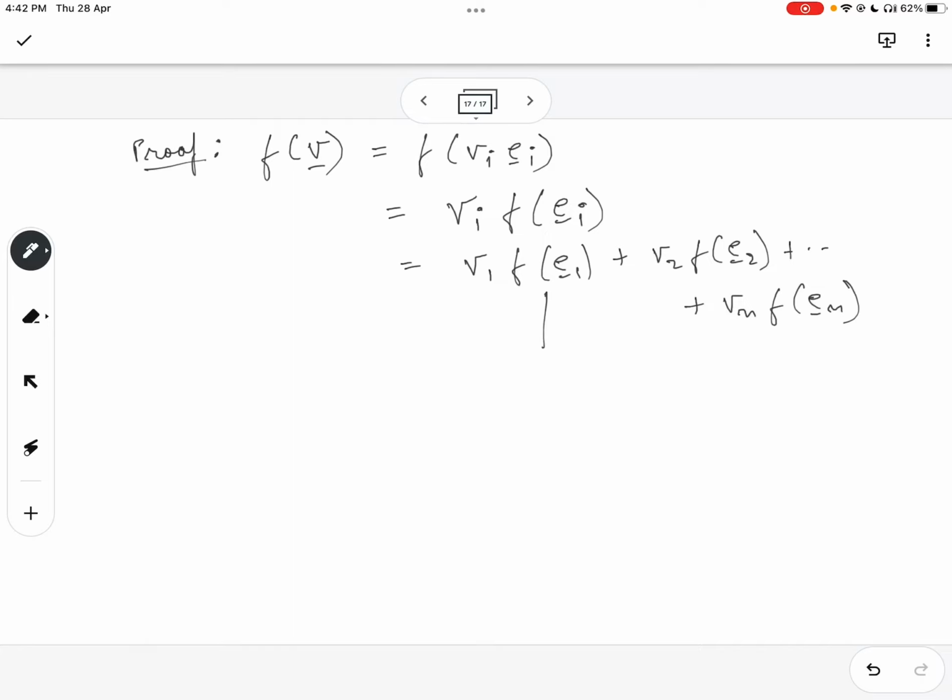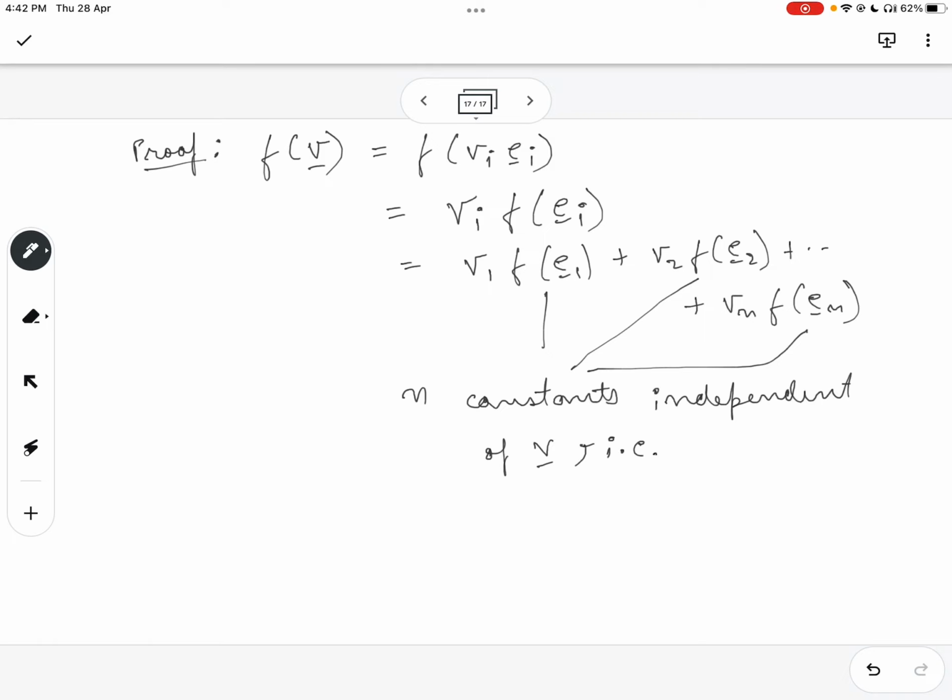Now these f of e1, f of e2, f of en are n constants independent of v. Why are they independent of v? Because they are independent of the components vi. They're only dependent on the orthonormal basis vectors.